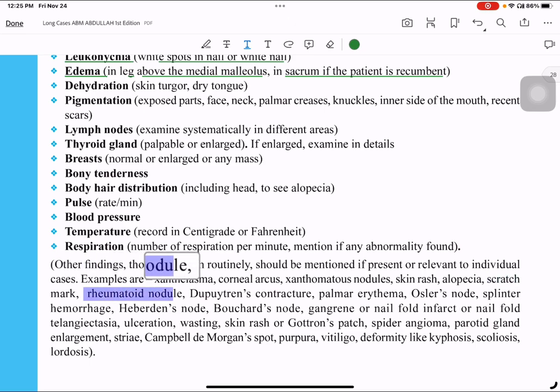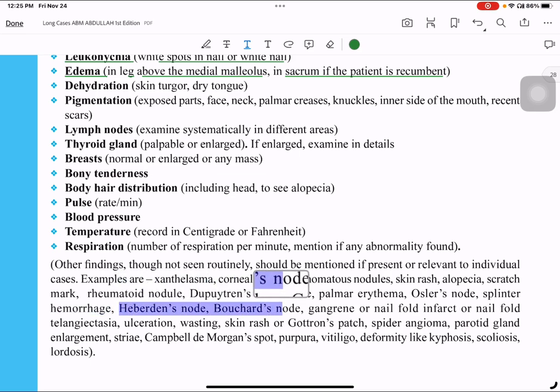Rheumatoid nodule may indicate rheumatoid arthritis. Dupuytren's contracture also indicates some rheumatological disease. Palmar erythema, in some liver disease or rheumatological disease, may present with palmar erythema. Osler's nodes in the nail bed and splinter hemorrhages may indicate the patient has infective endocarditis.